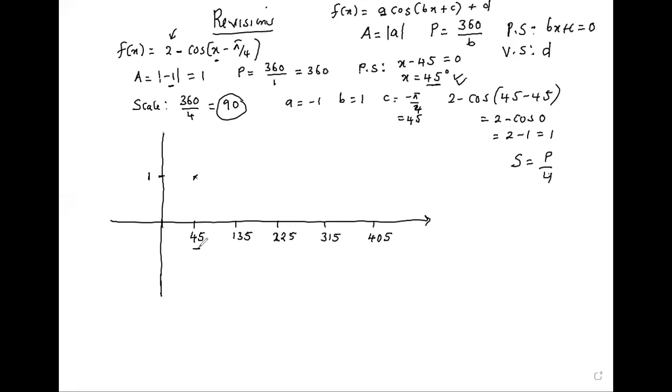If we go to the next angle, which is 135, and substitute, we're going to get 2 minus cos 90. Now cos 90 is 0, meaning that we're going to get 2.